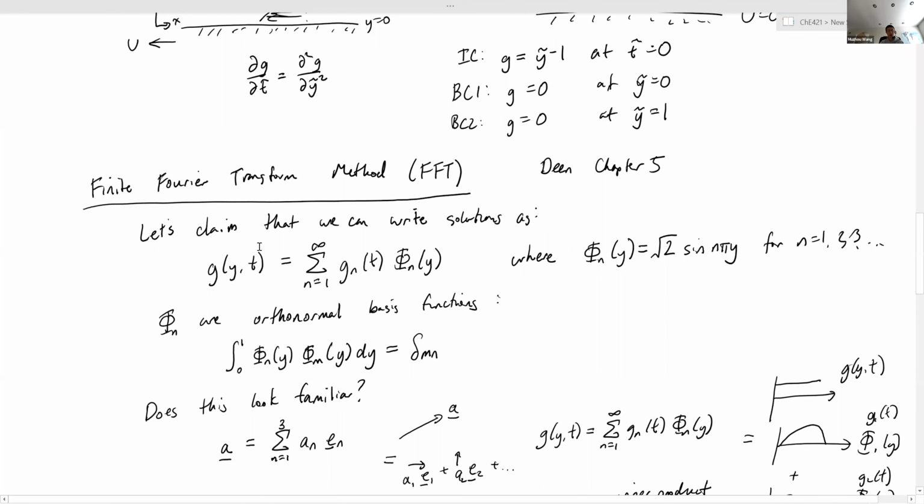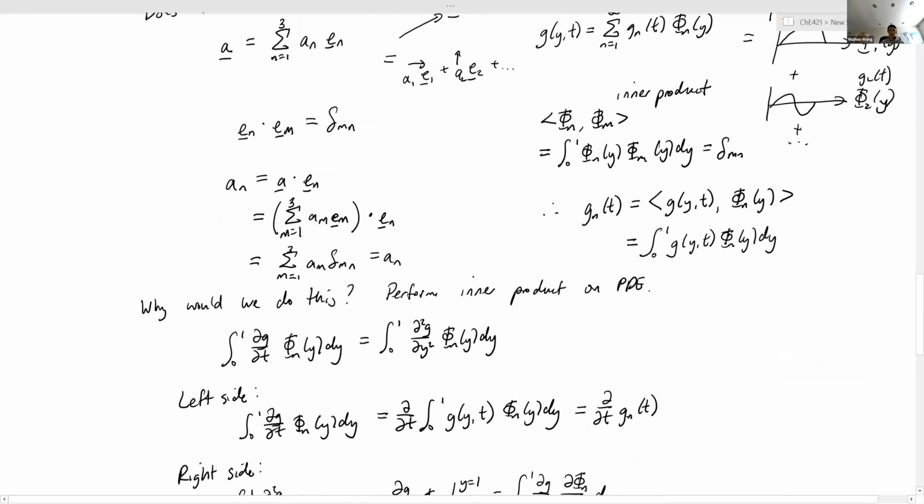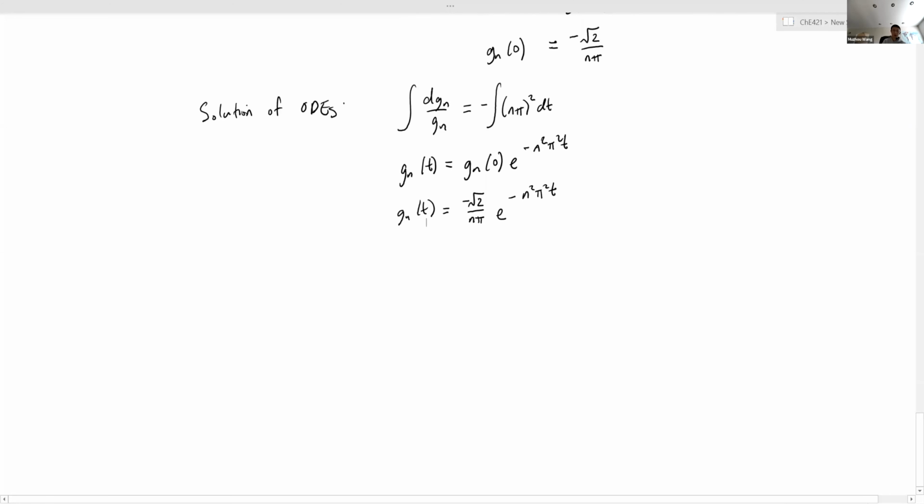Remember, the initial claim was that we can write our solution as a sum of gn of t and phi n of y, right? As a sum of basis functions. And so now we actually have an expression for gn of t. In other words, we found the different coefficients of our function. And so now we've essentially solved the problem. Okay, putting it all together, the overall solution looks like this.